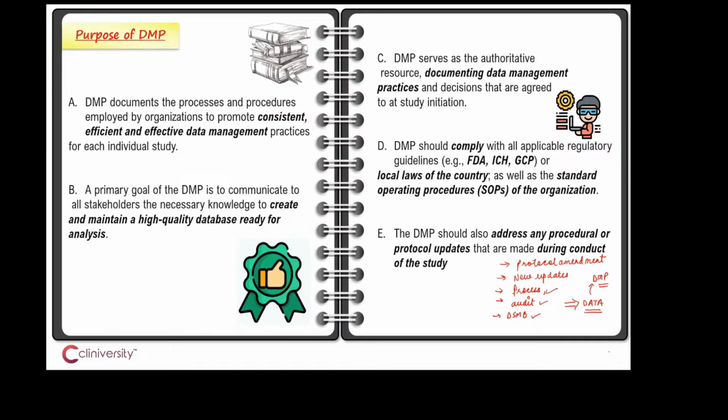So therefore, your DMP is a live document. Throughout the conduct phase of the study, the DMP may have multiple versions. There could be up-versionings, and it is important that these versions are effective-date controlled and are very strictly monitored by the organization.